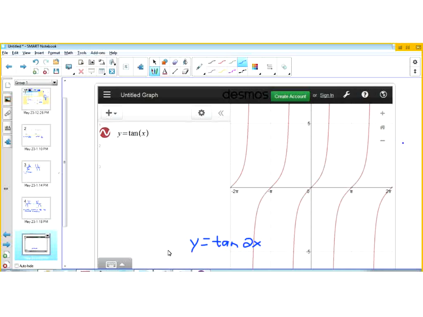So we know from the previous screens that the period of the tangent function is pi. So in this case, because we have a multiplier on x, the period would be pi halves.